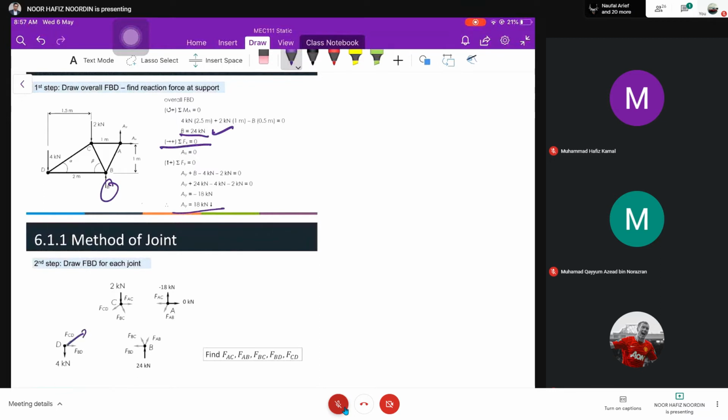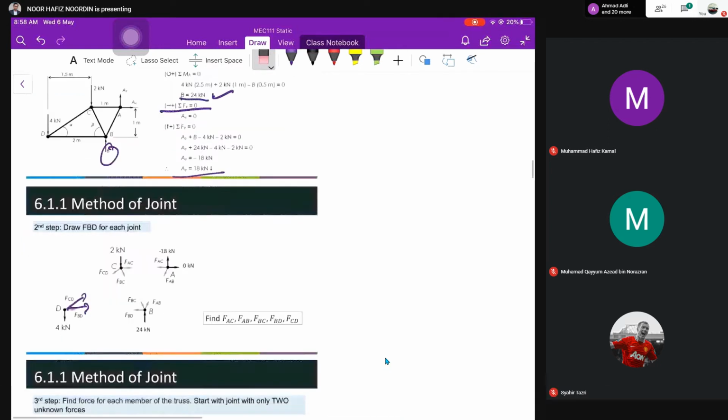So you can see the FBDs are all outward. And the external force will remain in the same direction. So the 4 kN that was downward just moves down here, the same thing, still remaining in the same direction. The same thing goes to points C, A and B. And after that you find AC, find AB, find BC.